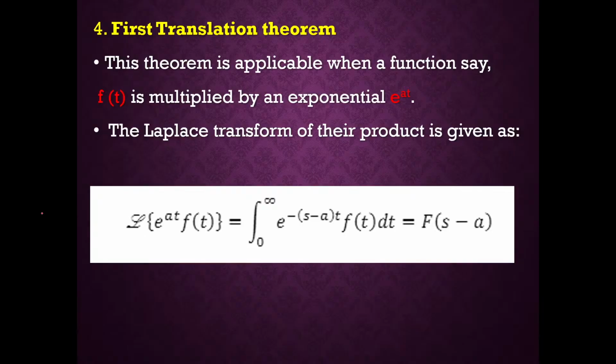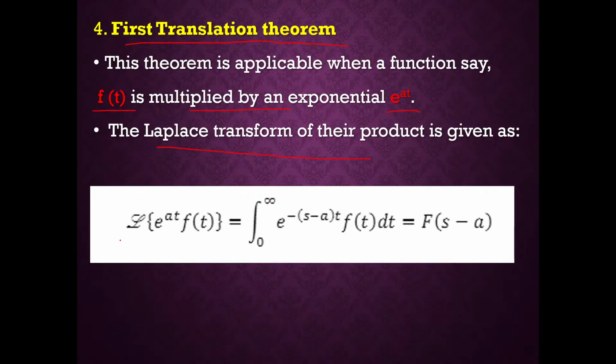Let us go for the next translational theorem. This is known as the first translational theorem. This theorem is applicable when you have a function f of t multiplied with an exponential term. If you have f of t multiplied with e power at and you take the Laplace of this product, what will happen?